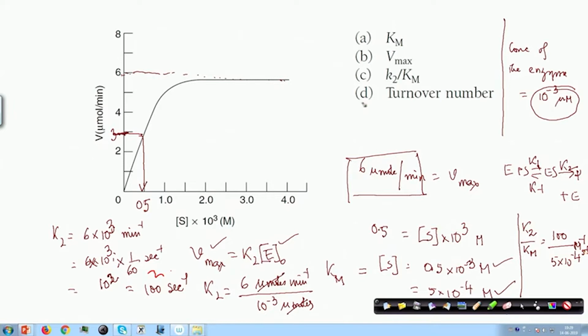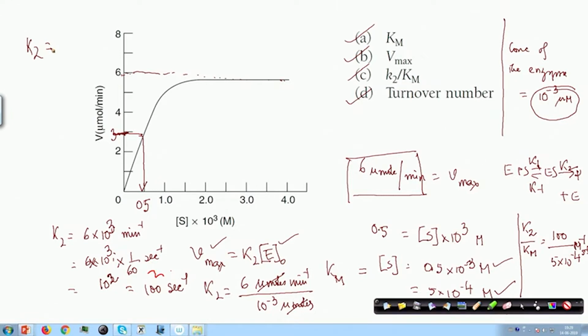And the last one is, so we have done this, that one, that one, that one. So, the last one is turnover number. Now, what is turnover number? If you remember, I said turnover number was basically the value of K2. K2 has different names. K2 is sometimes called Kcat, catalytic constant, but it is also known as the turnover number.